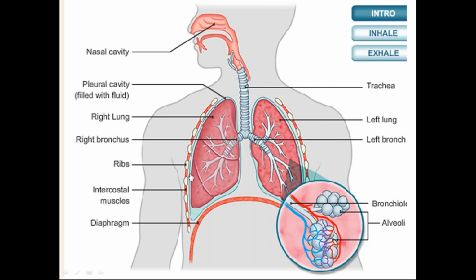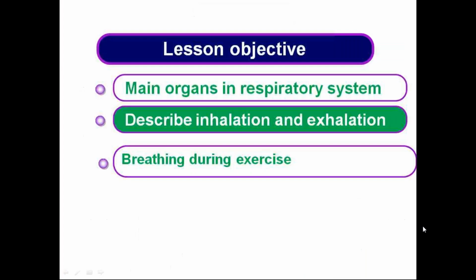Between the bones, we have the muscles that allow them to move. These muscles also have a role in breathing in and breathing out. I will describe it in the next slides. So what is happening when you inhale, when you breathe in? What happens when you exhale, when you breathe out?